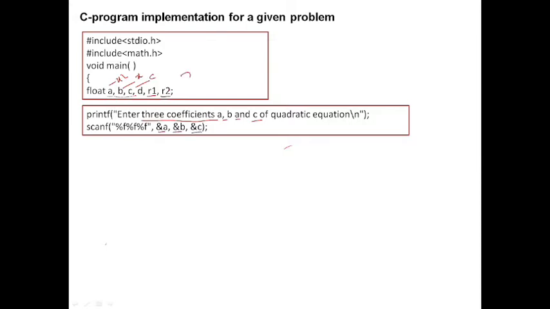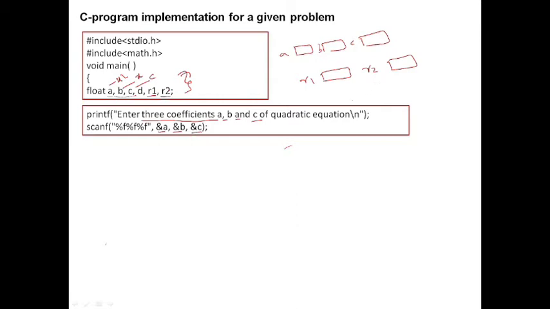As soon as these variables are declared, memory locations will be constructed. Like this, a, b, and this is a memory location for c, and for r1 another memory location will be constructed, for r2 another memory location will be constructed, right?